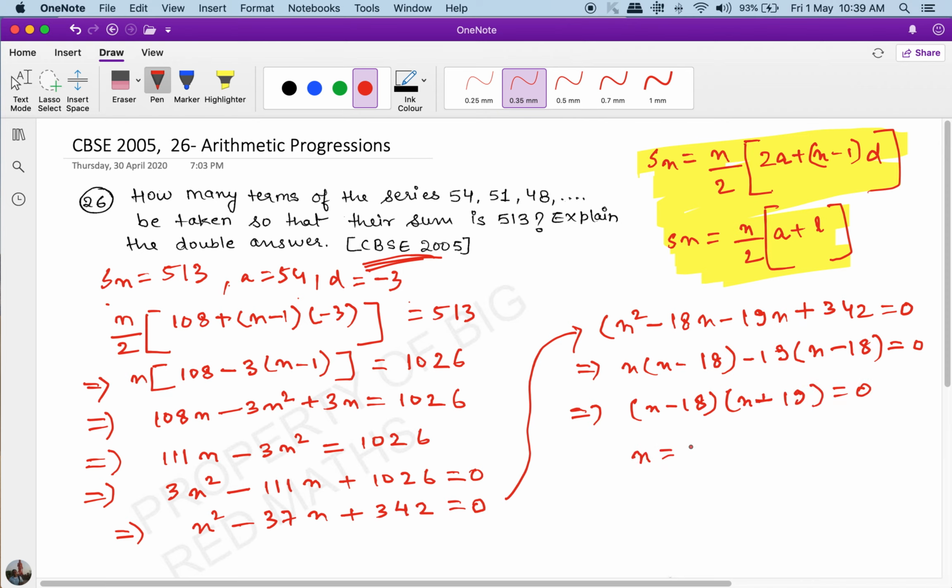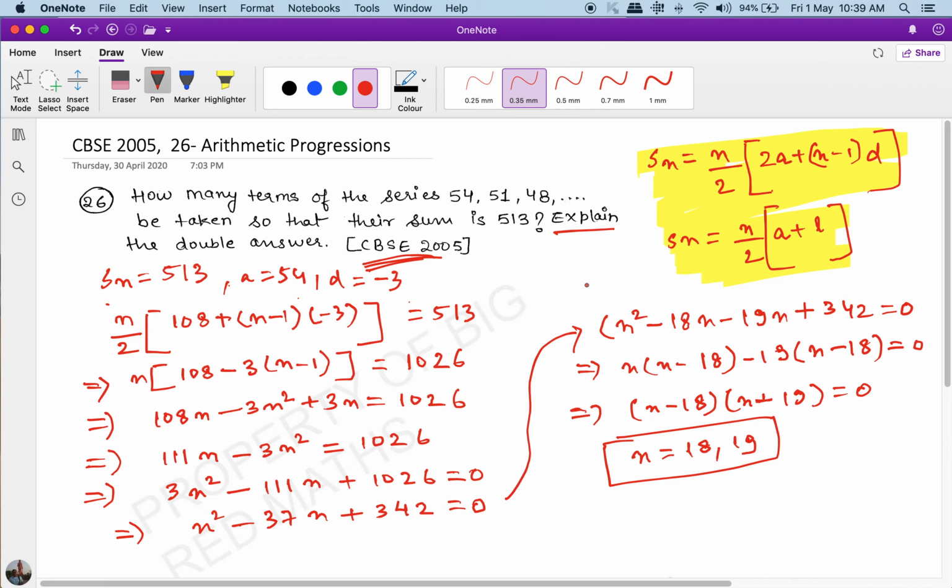So the value of n is 18 or n is 19. So we're getting two possible values of n, either 18 or 19. And the question also says to explain the double answer.